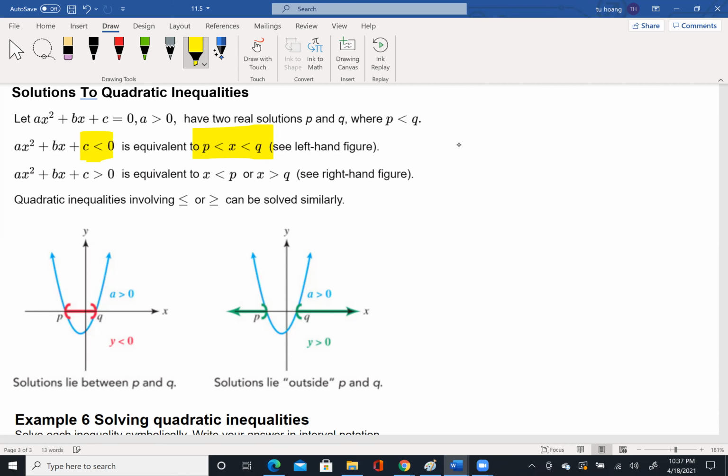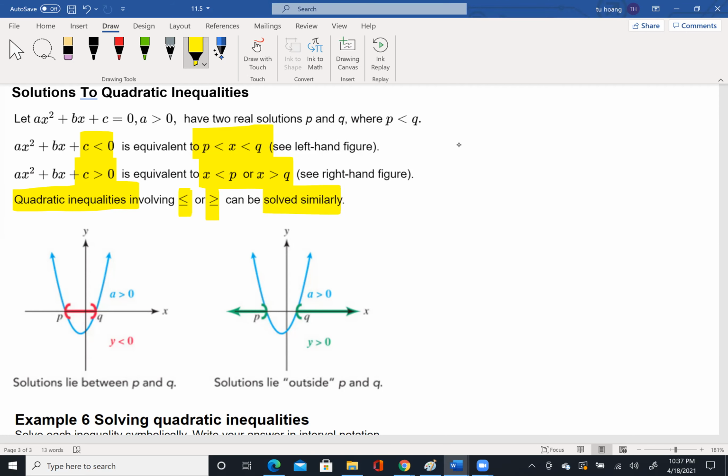Remember that in this case it is less than 0, right? And for greater than 0, you're going to have x less than p or x greater than q. Also, quadratic inequalities involving less than or equal or greater than or equal can be solved similarly.